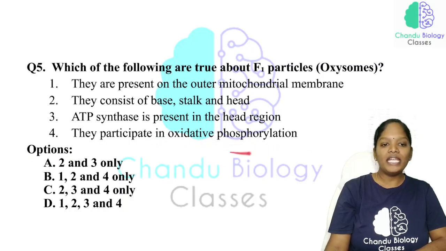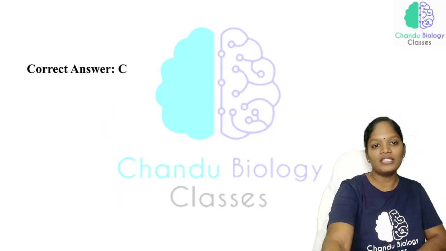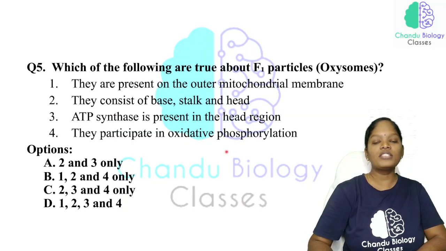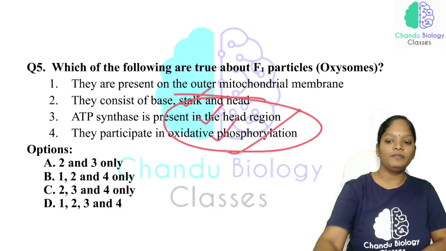So we can easily eliminate one option, because F1 particles are present in cristae, but here they have given the outer mitochondrial membrane. So we can eliminate options B and D. The second and fourth statements are right, and F1 particles are involved in ATP synthesis, and that is nothing but oxidative phosphorylation. So the second, third, fourth, all these were right statements.